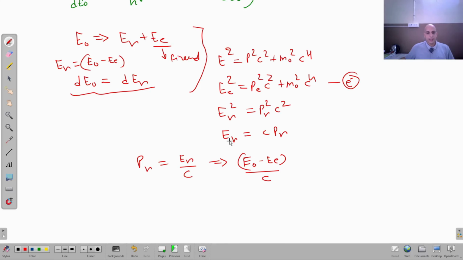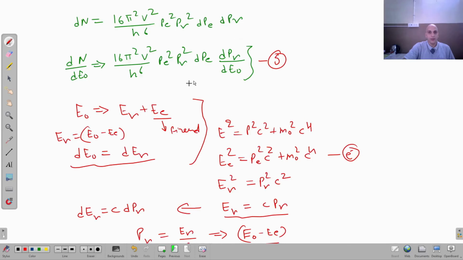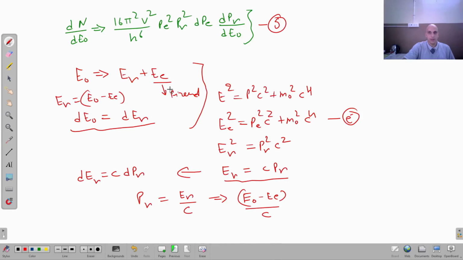First, let E neutrino is equal to C P neutrino. If I take the differential of this equation, it will give me dE neutrino is equal to C into dP neutrino, right? So now I am going to take all these values and put them here in equation number 5.